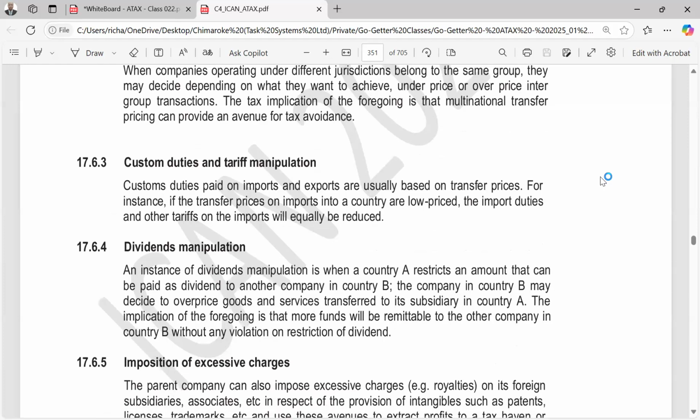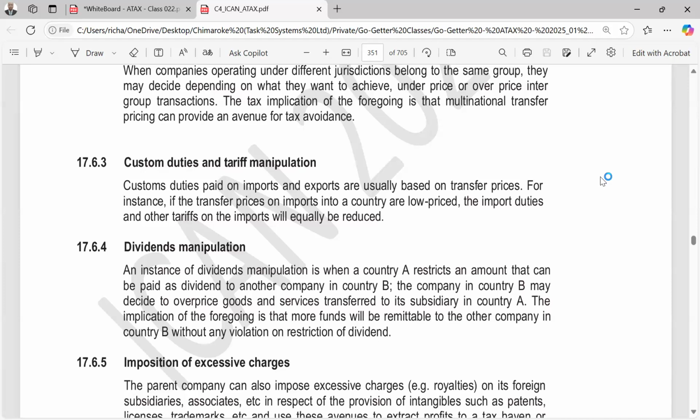Then we have customs duties and tariff manipulations. Customs duties paid on imports and exports are usually based on transfer prices. So it means that if you are paying for imports into Nigeria, you don't want to pay high import duty.